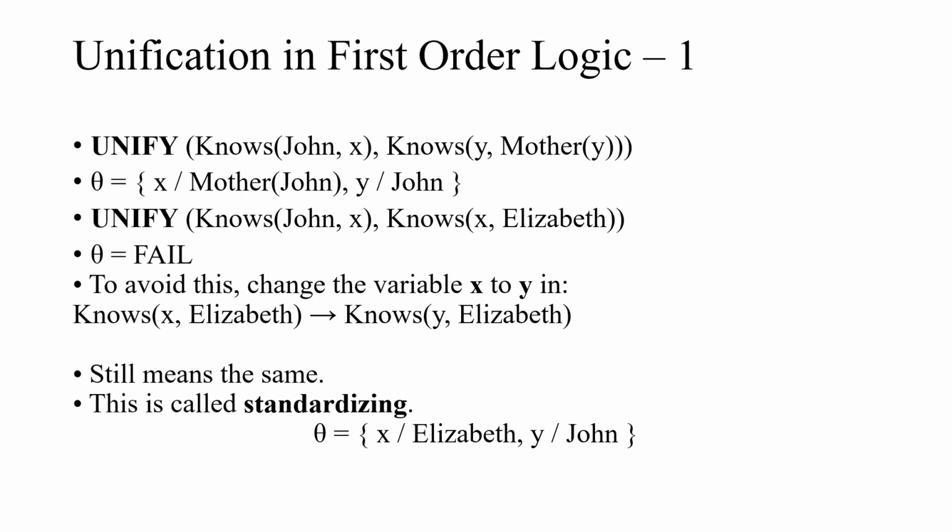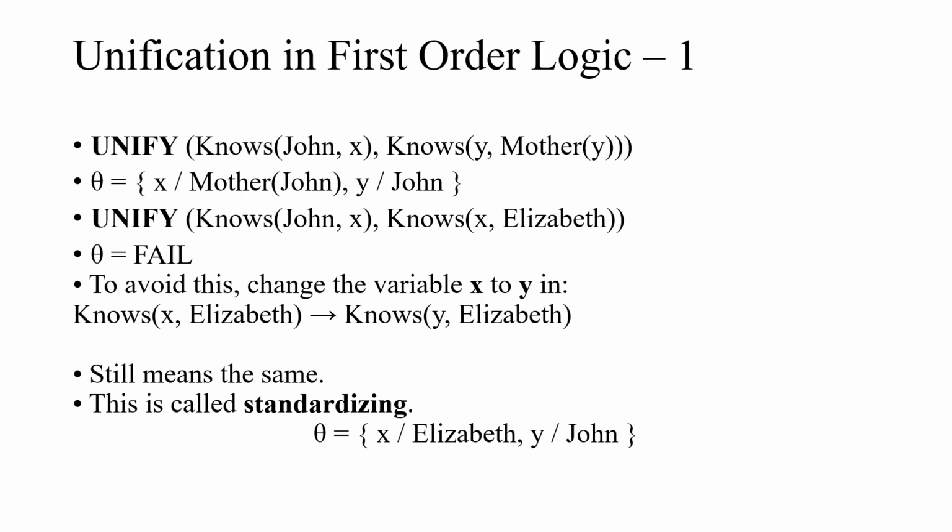To overcome this, we can access the two kinds of variables, x and y, because we have different names, but we need to access them with different variables. Then the condition will be standard, and we will get a good outcome. That's why we can do it with the standardizing process.